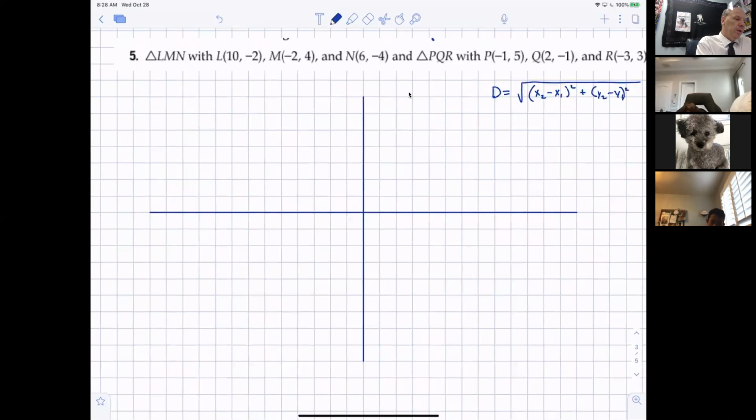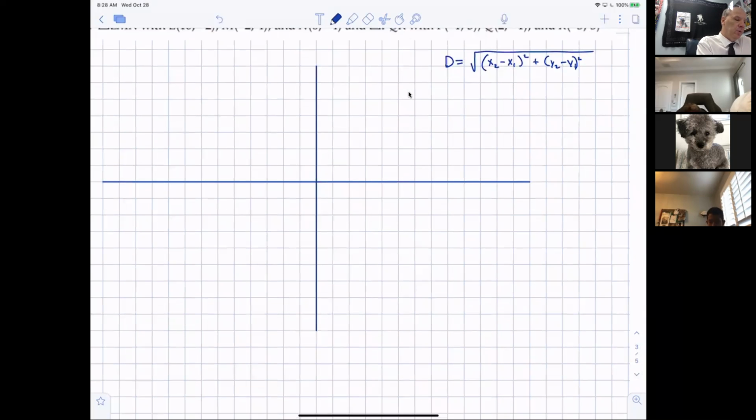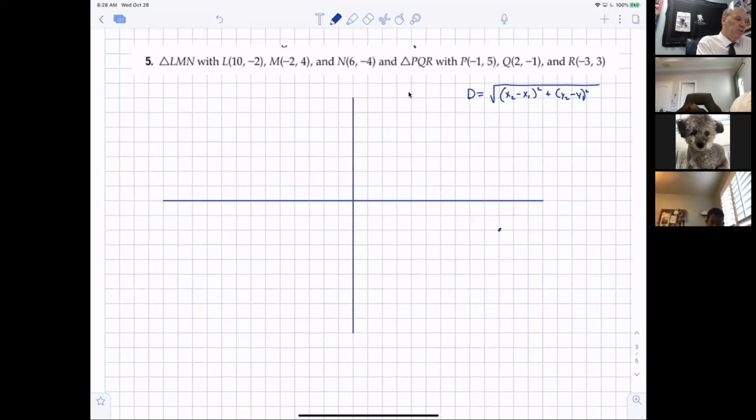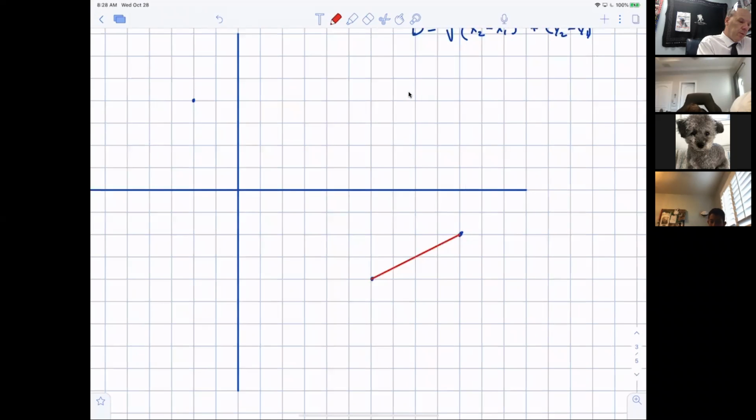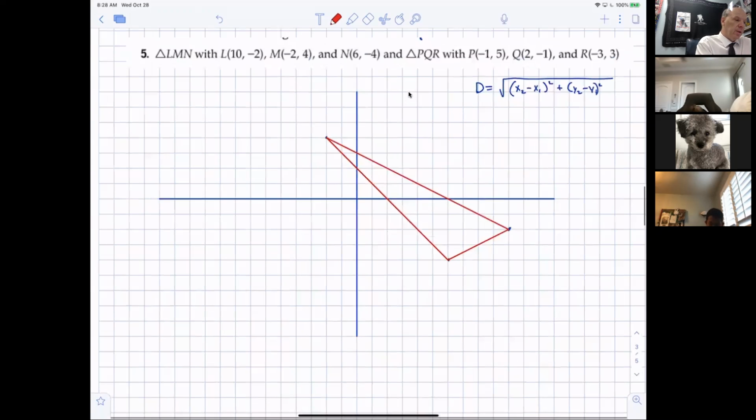So let's plot these points, 10, negative 2. And then negative 2, 4. And then 6, negative 4. All right. Now let's see if this is accurate. Does everybody's triangle look like that?